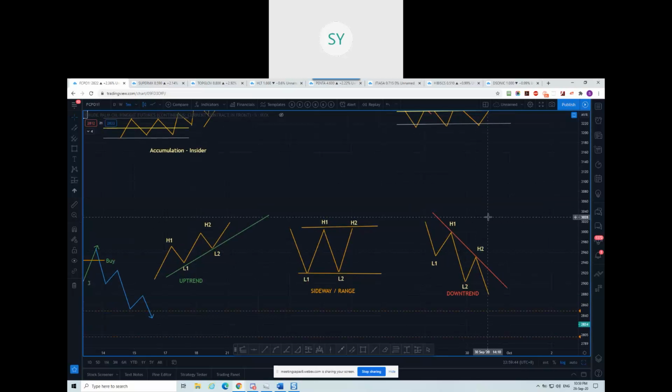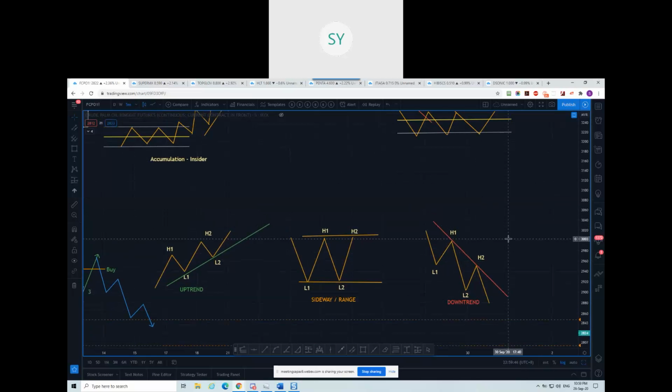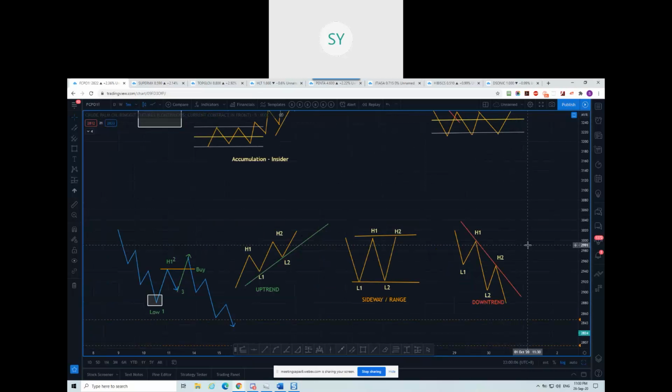Before I move on, I'll tell you why in an uptrend traders still lose money. So we have to understand why we lose money. From the chart, we'll understand why. When we jump into the chart, we'll learn together.